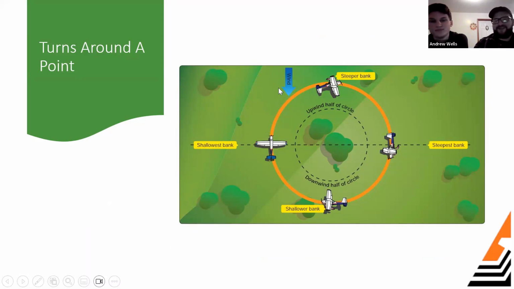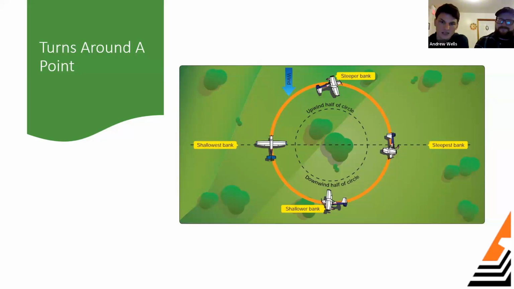You want steeper banks when the wind is behind you, and shallower banks when it is in front of you. Don't confuse that with steep turns necessarily. You don't want to be doing 45 or 60 degrees of bank. It's more of a controlled turn. And give yourself distance from the point. You don't have to be right on top of it.